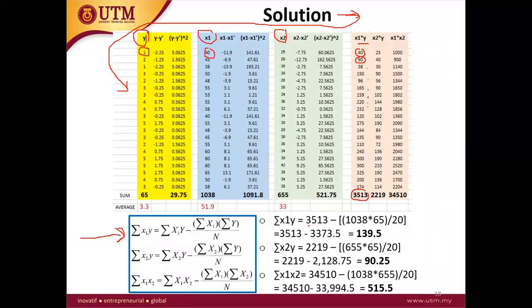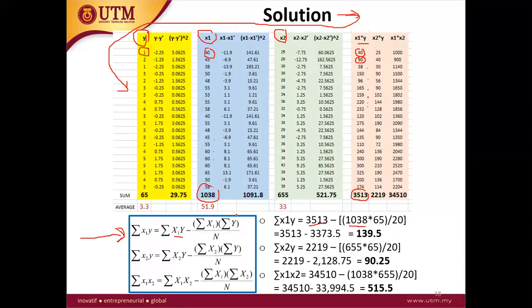The sum of x1, we refer to here: first data 40, second data 45, third data 38, and so on. You get the total 1038.